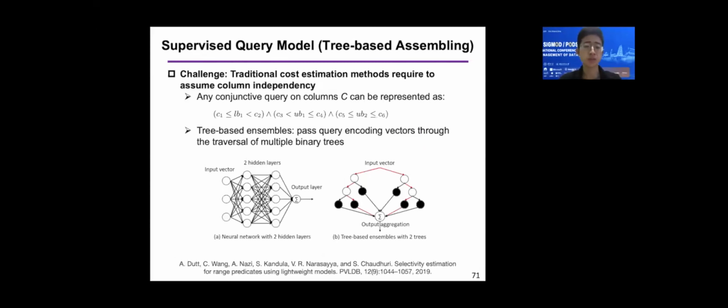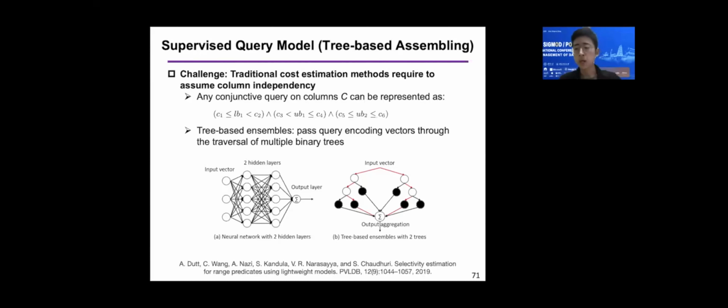Another challenge is that there may be correlations between multiple columns in the same table. Traditional methods just assume column independence, which may not work for this scenario. So a learning-based method uses a chain-based ensemble algorithm to solve this problem. They first use a local neural network to encode different predicates on a fixed join path of the query.